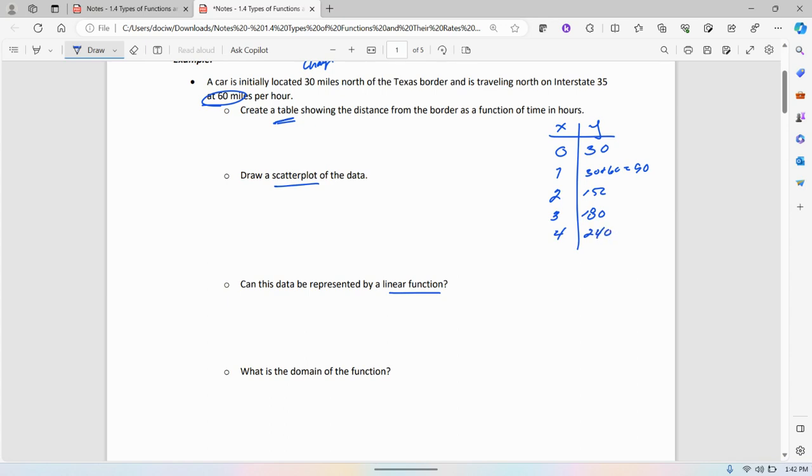Okay. If I'm going to draw a scatter plot, we've got 0, 1, 2, 3, 4 hours. Okay, we'll go with 30. So that's 30, 60. Whoops, I don't want 60. Yeah, each line is 30, so that's 30, 60, 90, 120, 150, okay, 180.